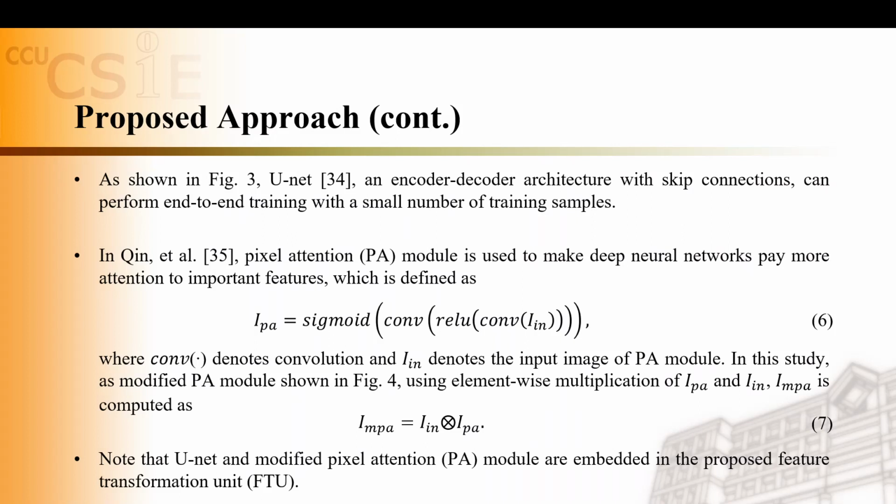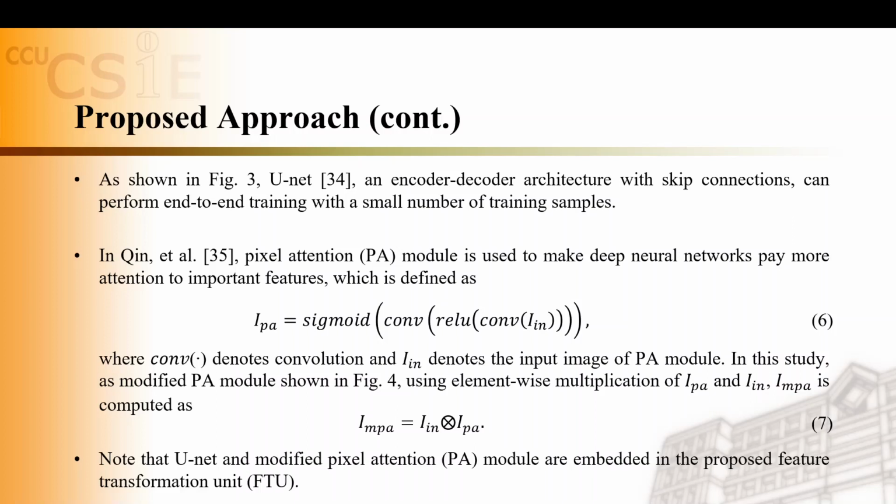As shown in Figure 3, UNet, an encoder-decoder architecture with skip connection, can perform end-to-end training with a small number of training samples. So, the pixel attention module, PA module, is used to make the deep neural net pay more attention to important features, which is defined as equation 6.